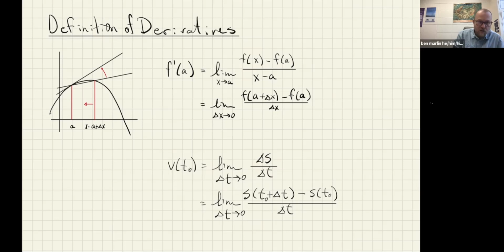Graphically, if you're talking about the slope example here, then we have to think about these two positions of x, and then we are moving the later position of x closer and closer and closer. And as we do that, the slope of that secant line gets closer and closer and closer to the actual tangent line.